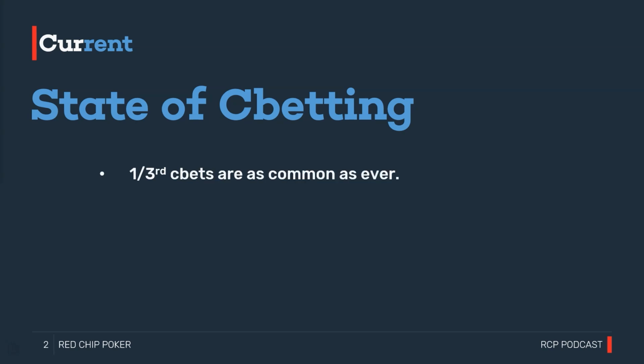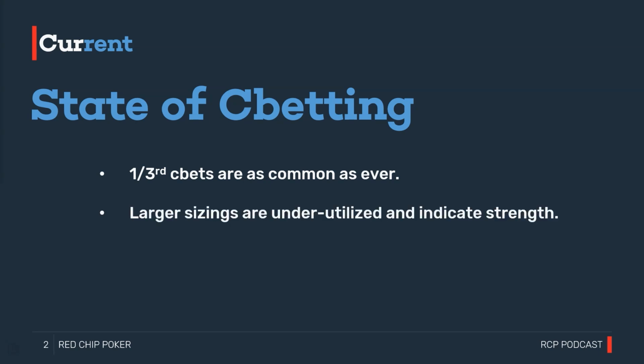At some point in poker history, 1/3 cbets became very popular, and at the time of making this content, 33% pot size cbets are about as common as they've ever been. When the average opponent does size up and use a half pot, 2/3, or even rarely an overbet sizing, we find that these larger sizings are used less frequently than GTO, and they're often less balanced and more weighted towards strength.